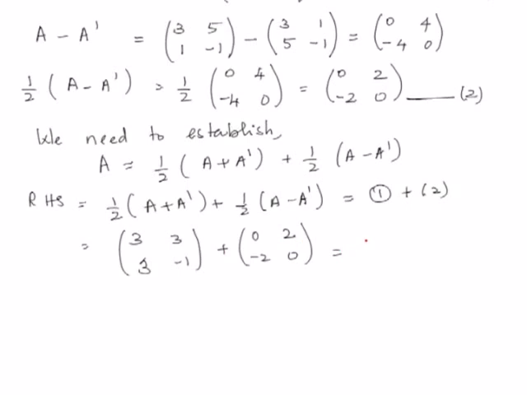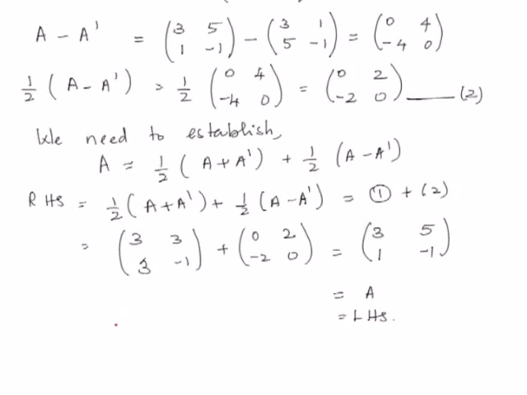That is equal to 3 plus 0 leaves me with a 3, 3 plus 2 is 5, 3 minus 2 is 1, -1 plus 0 is -1. So, is it equal to A? Yes, definitely. A is equal to [3, 5; 1, -1]. So, this is equal to A, which is the left hand side of what we are supposed to establish.